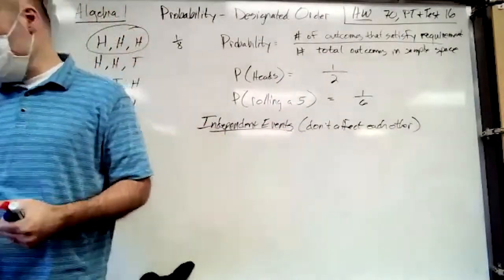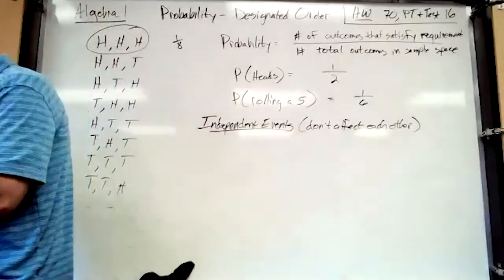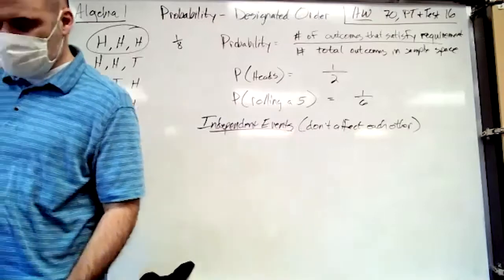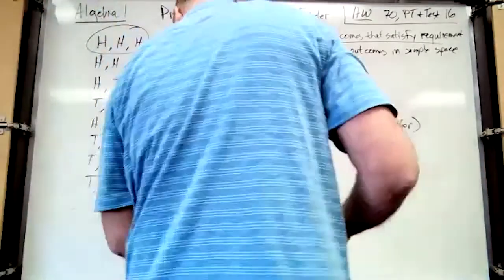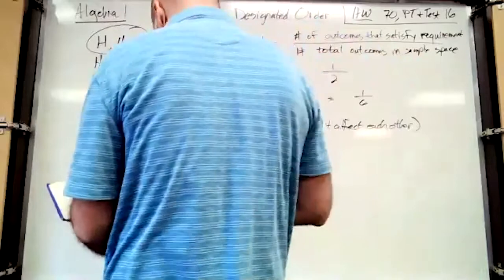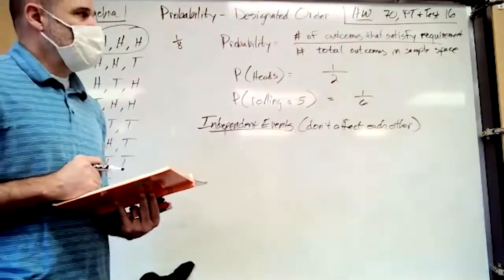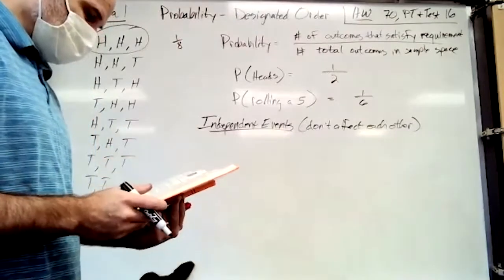So those are called independent events. They have no connection to each other. So the probability of independent events is just the number of outcomes that satisfy the requirement over the total number of outcomes in the sample space.